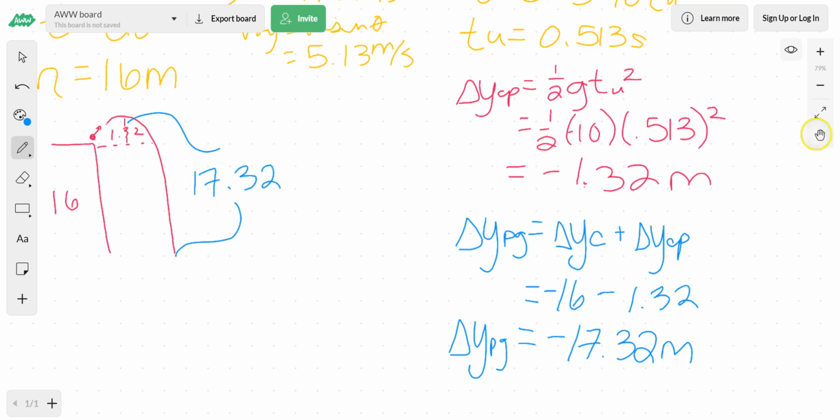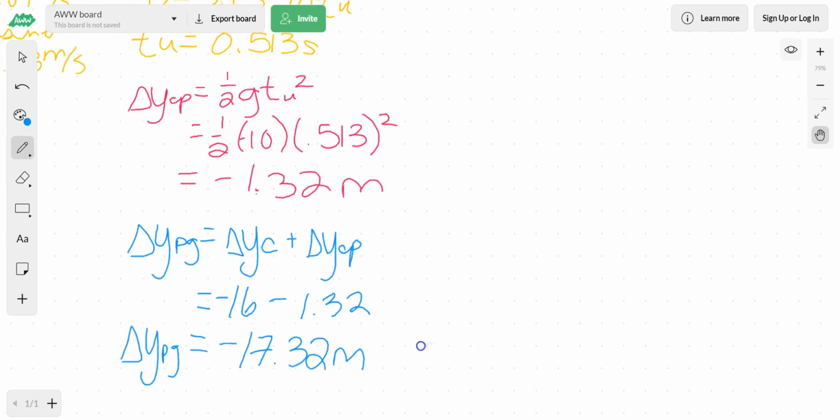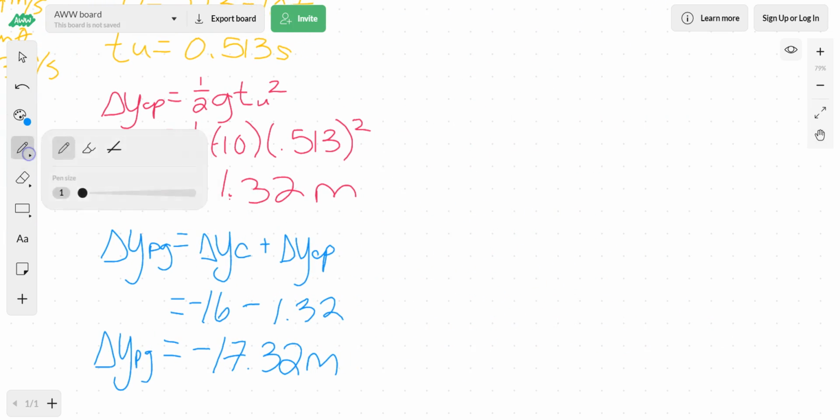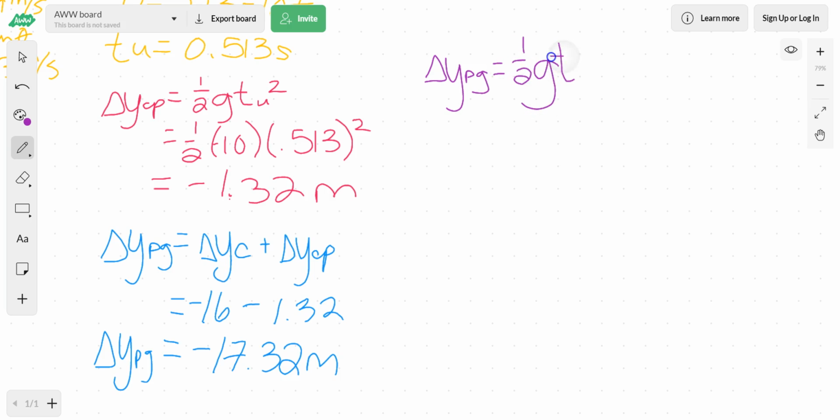All right. Now that we know delta y peak to ground, we can use that information to figure out how much time it takes for the object to fall down. So for delta y peak to ground, we use the same equation as for the other delta y. It's 1/2 gravity time squared, but this time it's going to be time down. So we use negative 17.32. It's equal to 1/2 times negative 10, and then time down squared.